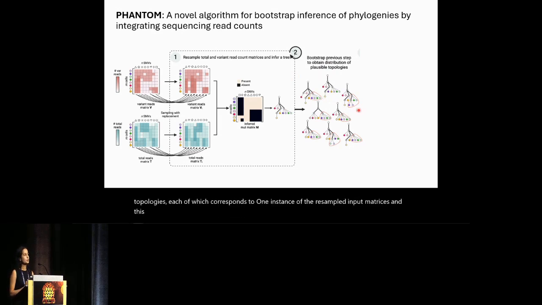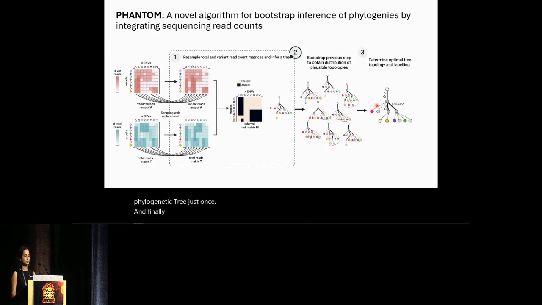This allows us to mitigate the impact of high error frequency genomic loci, as well as overcoming the limitations stemming from subsampling SNVs and reconstructing a phylogenetic tree just once. And finally, given this pool of plausible topologies, we determine the final tree by combining the most prevalent mutually consistent clades present across all trees.